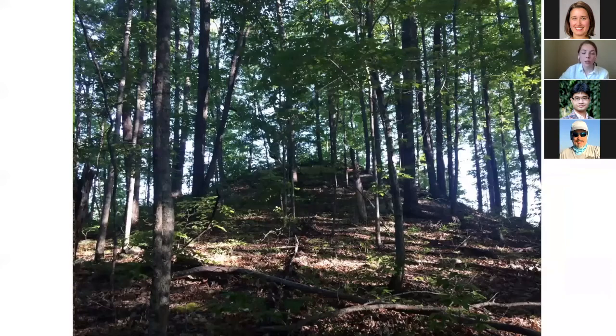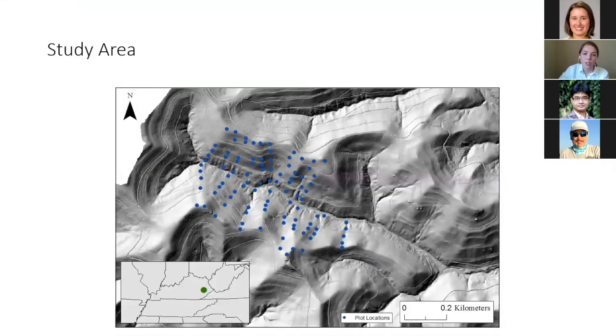For both parts of this study, the soil moisture and vegetation distributions, we had 100 plots. They were distributed across three factors. The first is slope aspects. Here's the north-facing slope and the south-facing slope. The stream runs in the middle of the watershed, and then here is the north-facing ridge and the south-facing ridge.